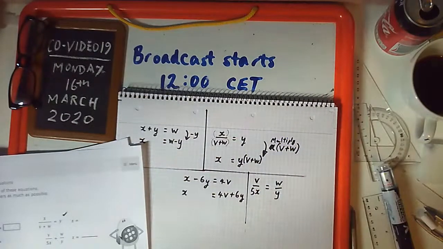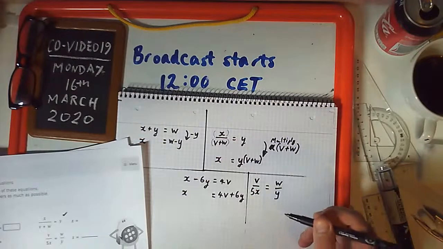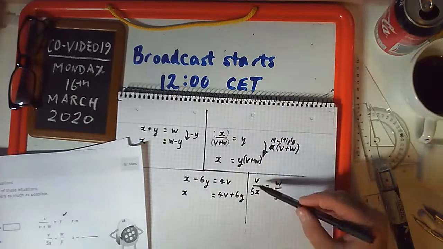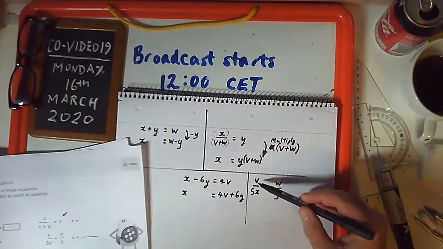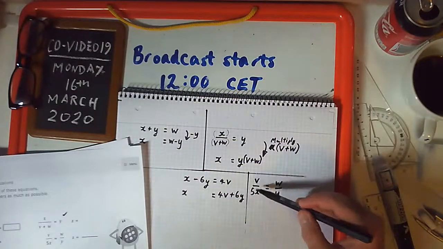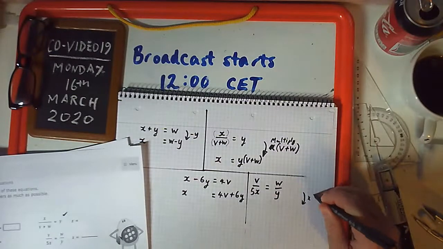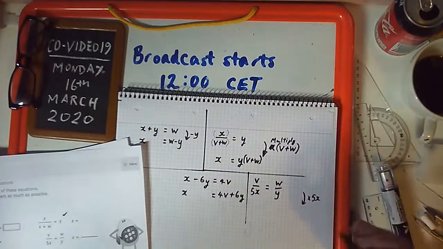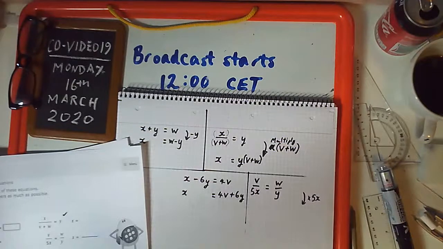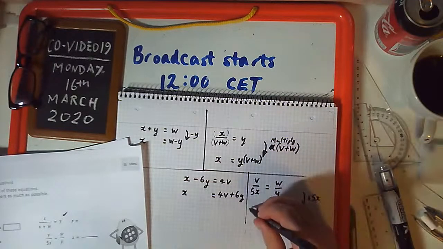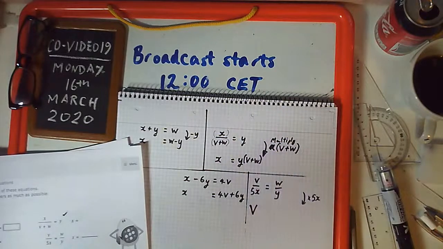That is indeed horrible. First thing I'd like to do is get rid of the fractions. So let's get rid of this fraction first. I've got v divided by 5x. If I multiply everything by 5x, then it will cancel out the dividing by 5x and just give me a whole big fat hairy v there.